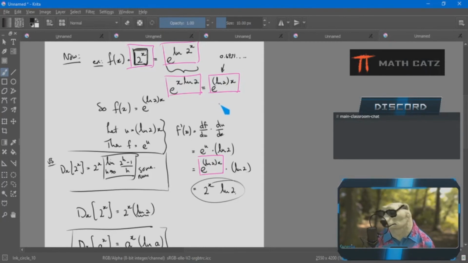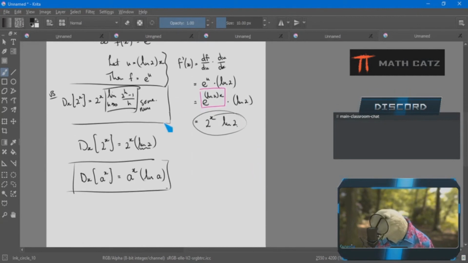But for the sake of efficiency, it's a little bit unnecessary. Because the end result is a very small adjustment of the exponential function that I had originally. Now compare this to the derivative of e to the x.